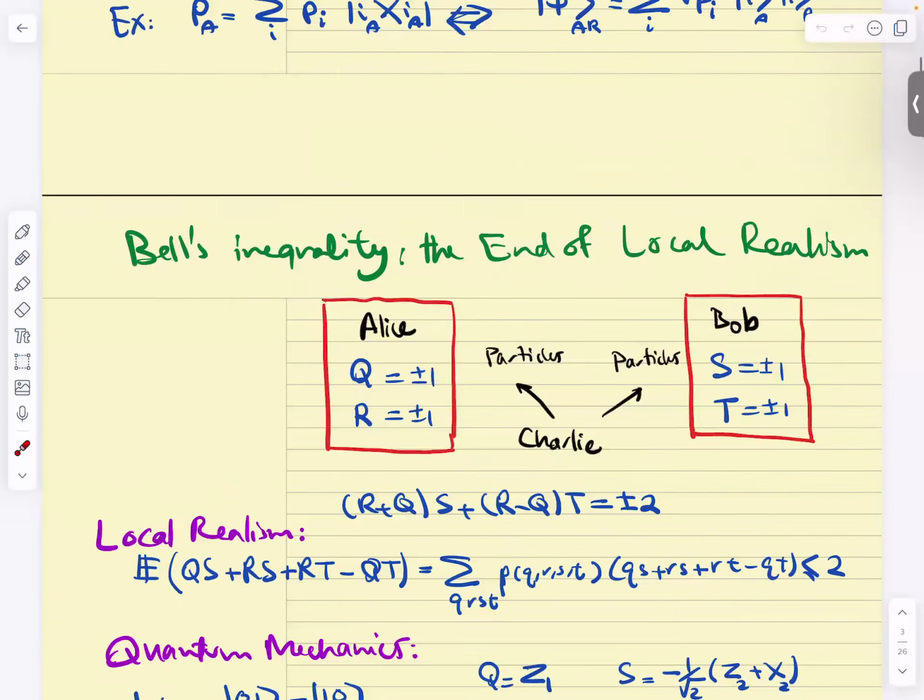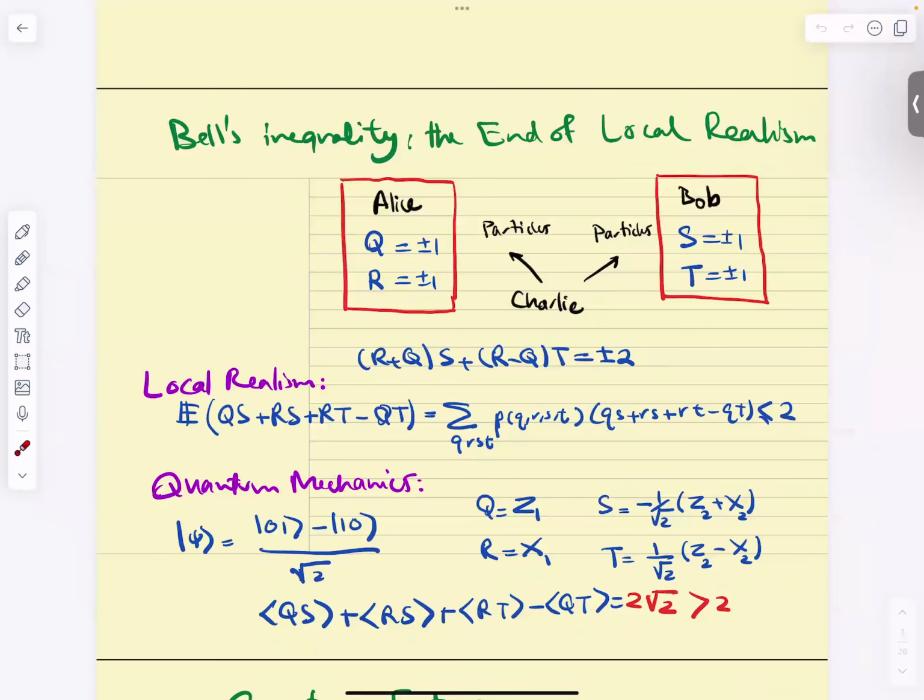We talked about Bell's inequality and how it ended local realism, at least in the scientific community. The news hasn't made it out. The ideal experiment was Alice and Bob performing measurements on qubits, and Charlie sends them qubits. Alice can choose one of two types of measurements, and she chooses by coin flip. We call them Q and R. The results of the measurements are +1, -1.